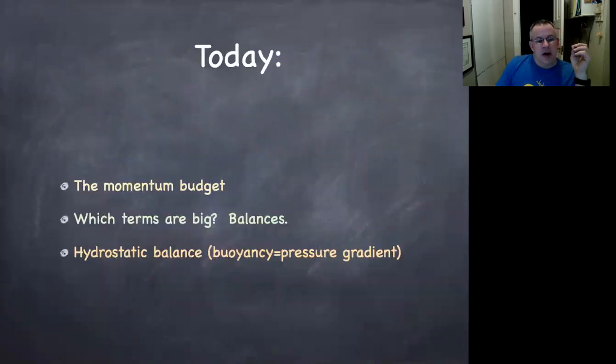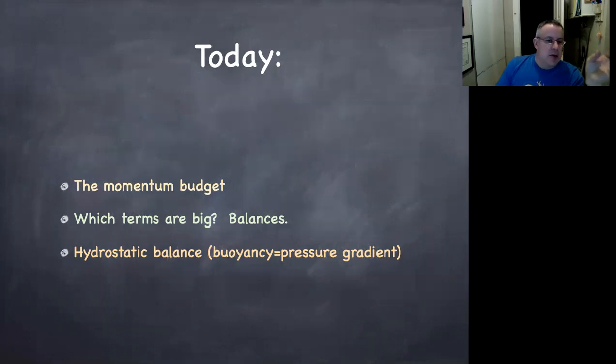First we're going to talk about the big picture of what the momentum budget is like and how it differs from the other budgets that we've been talking about: salinity, temperature, volume, mass. Then we're going to talk about which terms are big in that budget. That's really the concept of balancing the big terms, sometimes called a distinguished limit, sometimes called a dominant balance.